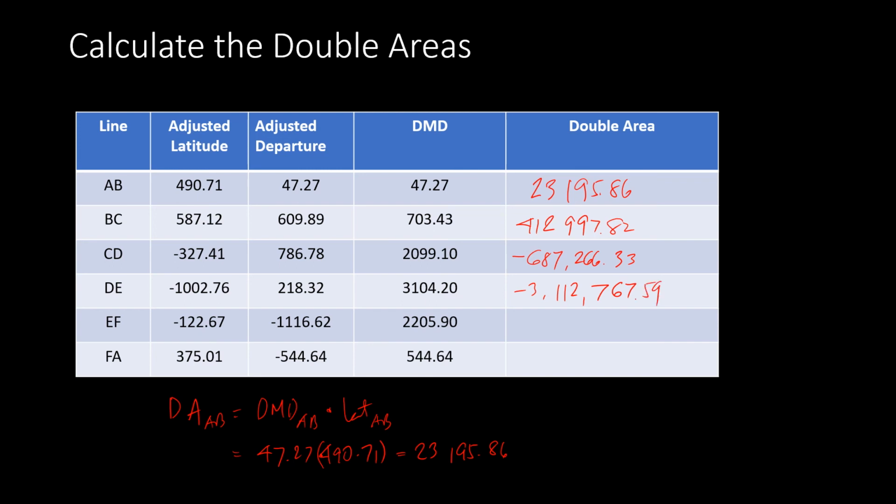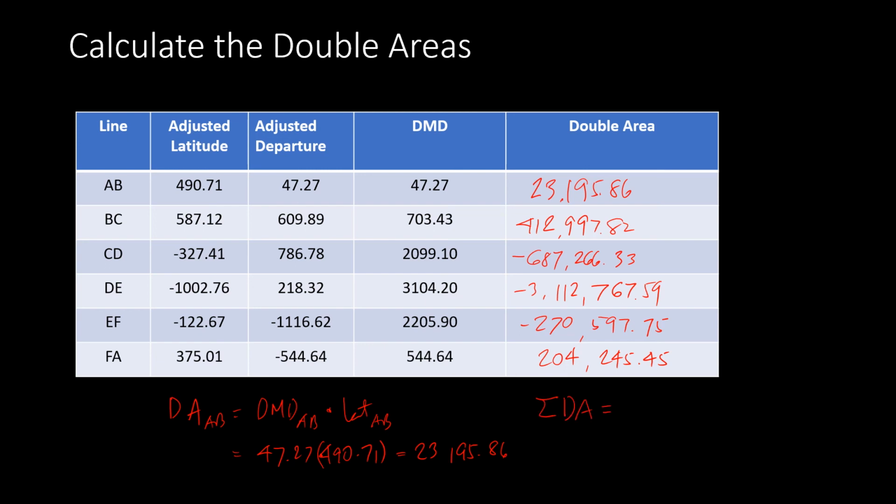For EF, that will be negative 270,597.75. And finally, for line FA, that is positive 204,245.45.